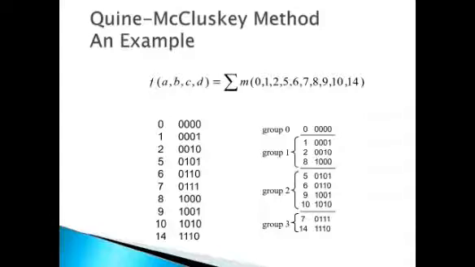In the first group, group 0, there is no one. In group 1, there is a single one available. In group 2, there are 2 ones available. In group 3, there are 3 ones available. Now we will compare group 0 with group 1.